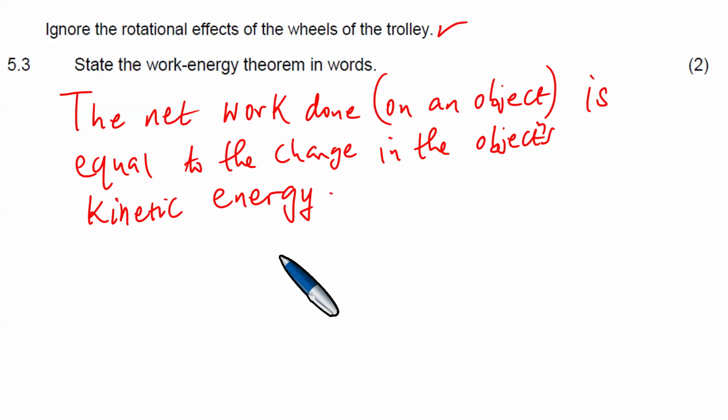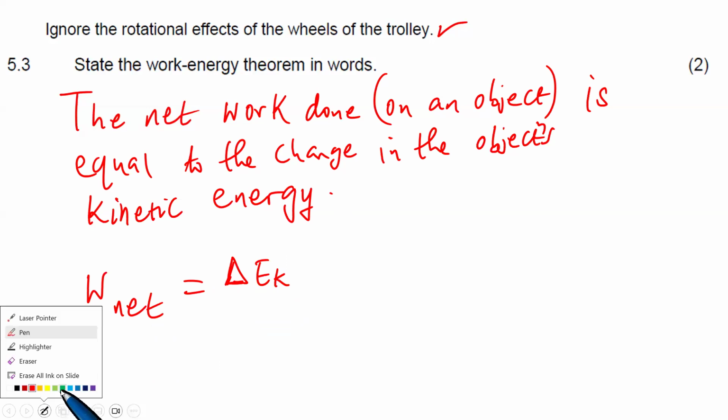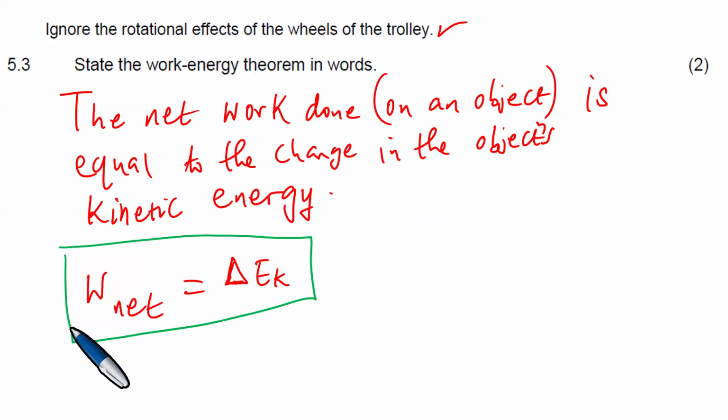And so if this is the case, in symbols, we say W net is the change in kinetic energy. That is W net.